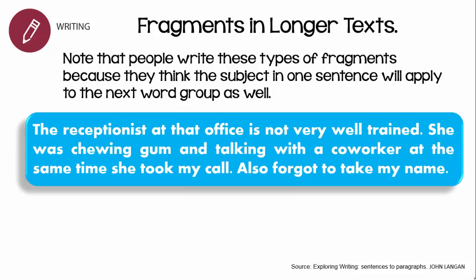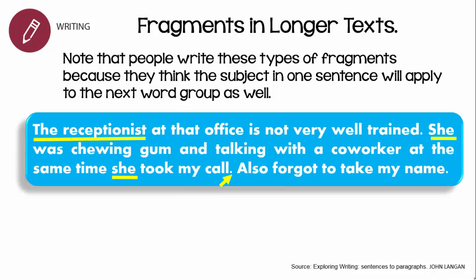Let's find the subject in this text. The receptionist. In the second sentence, the receptionist becomes a pronoun, she. And then in the other section of that sentence, it also becomes a pronoun, she. But what happens in the last piece of the text? There is no subject.